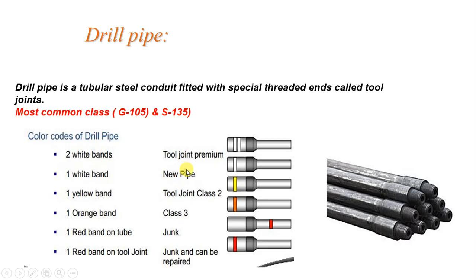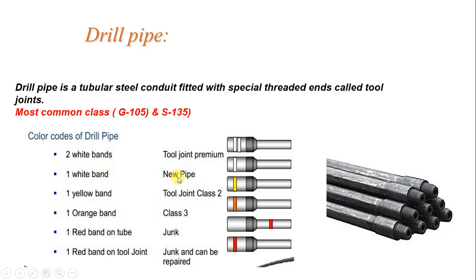New, you can apply up to 90%. Which means it was used for some time and we make an inspection after, for example, 6 months or 50k feet, after 50,000 feet of drilling, or every 6 months. This is the most common inspection interval by field experience.